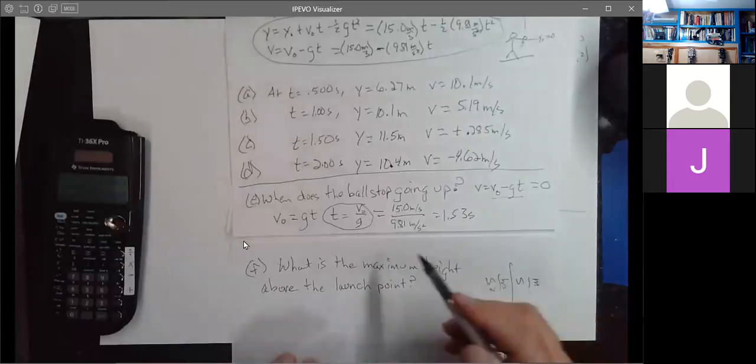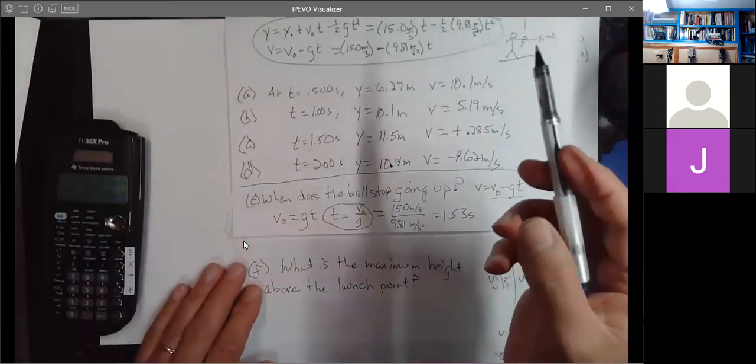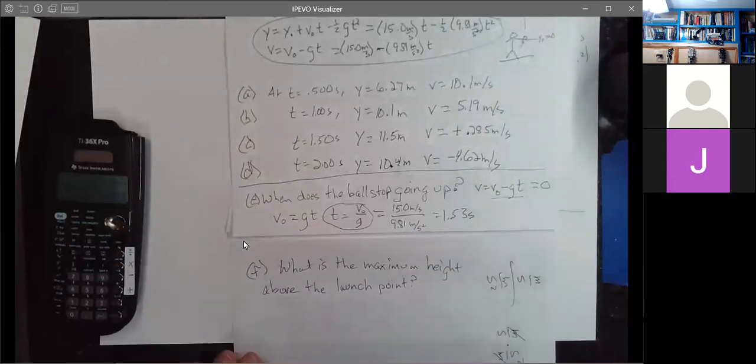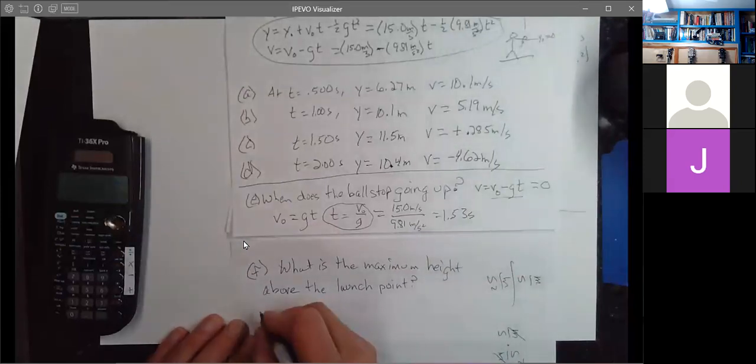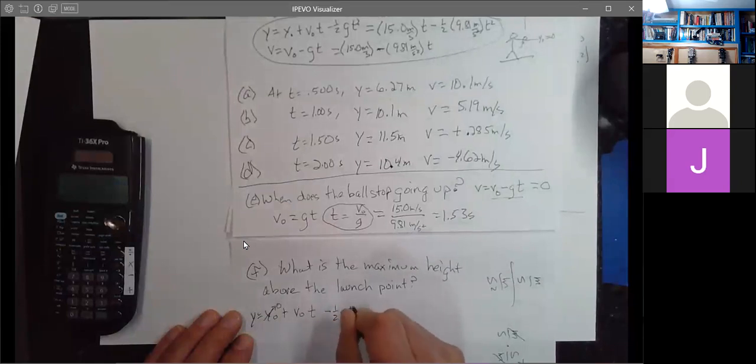Well, if I take this formula for the time that it's going up and plug that into the y equation, I might be able to do that. Or, well, that's one way of doing it. I can go y equals y naught, which is 0, I forgot, plus v naught t minus 1/2 g t squared.